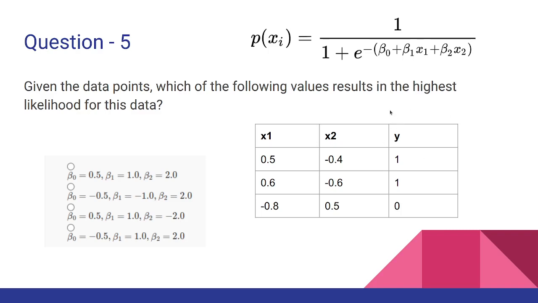Then we have to find the suitable beta 0, beta 1, beta 2 so that the likelihood is the highest. In this case we have points 0.5 and minus 4 with label 1, 0.6 and minus 0.6 with label 1, and minus 0.8 and 0.5 with label 0.